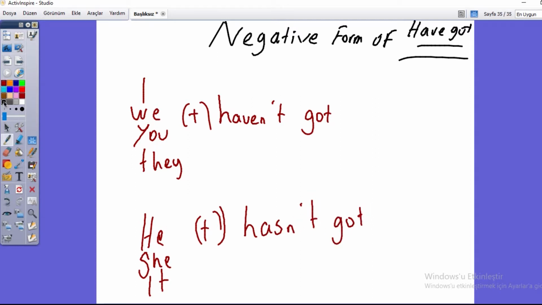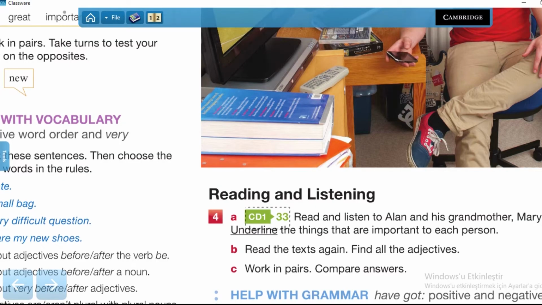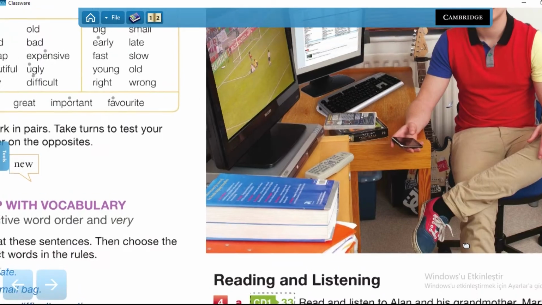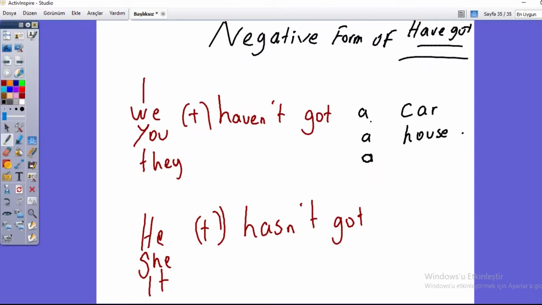Like, I haven't got a car. We haven't got, for example, we haven't got a house. You haven't got, for example, we can say you haven't got an English book.